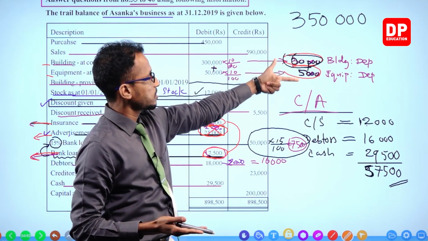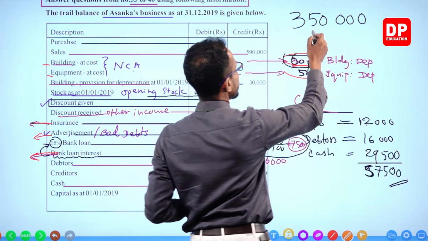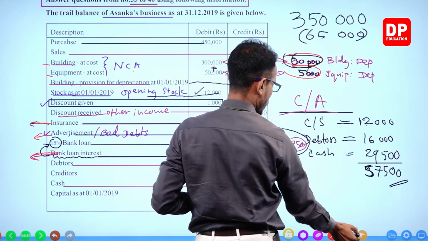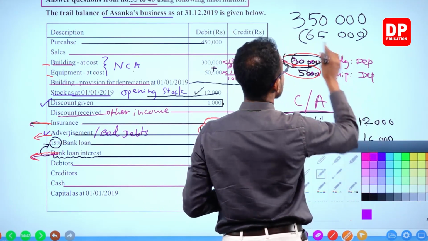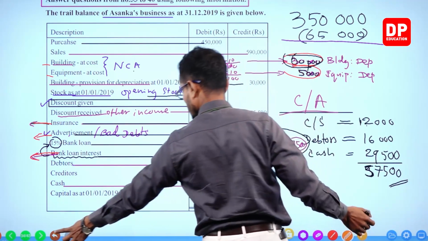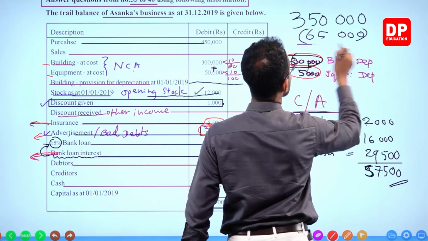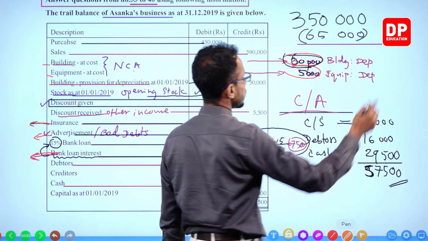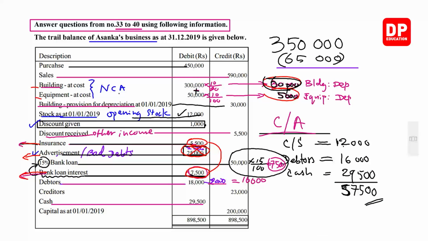So 60 plus 5, 65. 350,000 minus 65,000. You can get the answer. How much is it? 285,000. Yeah, I'm doing this.